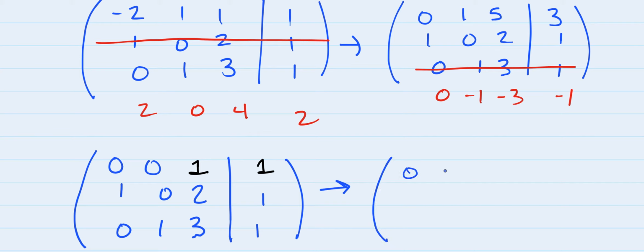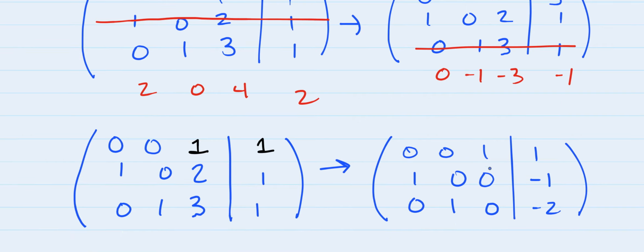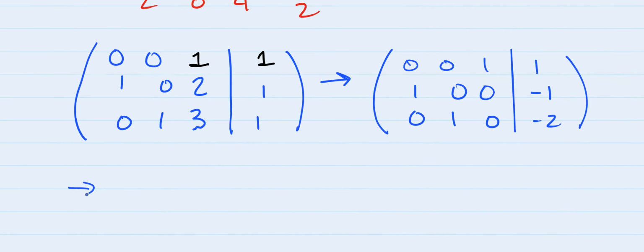So what do I get? I get 0, 0, 1, 1, 1, 0, 0, 0, 1, 0. So -2, that becomes a -1. This becomes a -3, so I get -2 here. And then let's just reorganize this matrix. So we get 1, 0, 0, 0, 1, 0, 0, 0, 1.